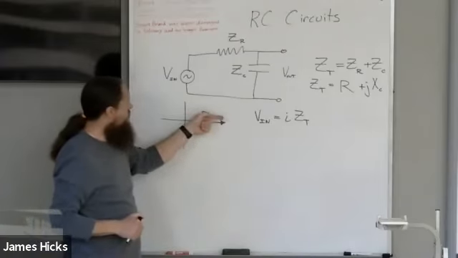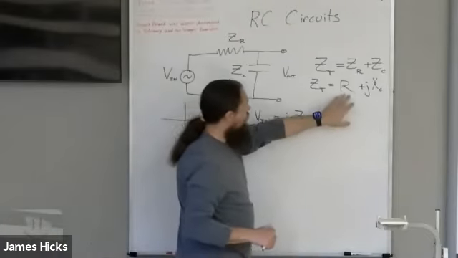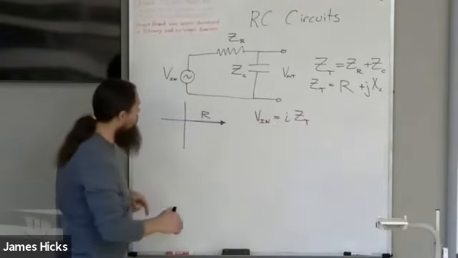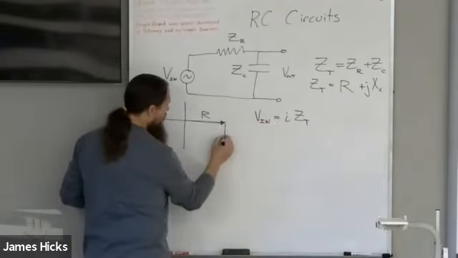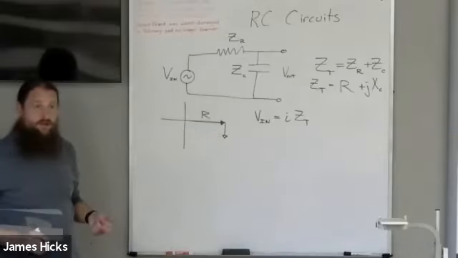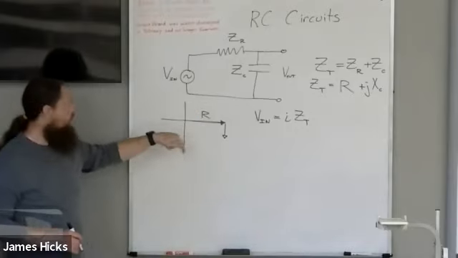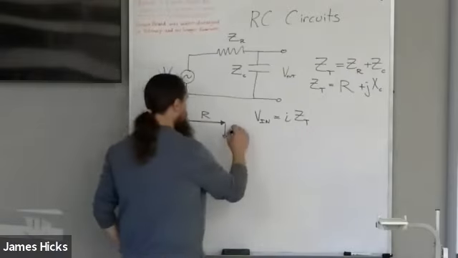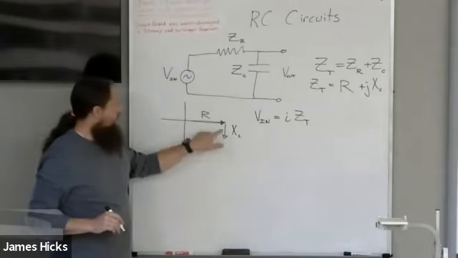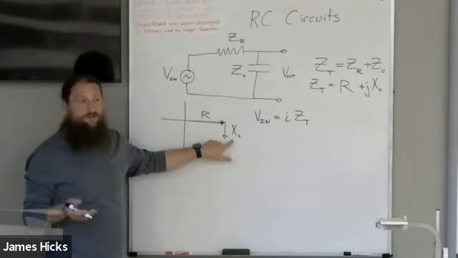Got some resistance going in, so the resistance term is just a real number, so it's along the real axis. The capacitor is 90 degrees out of phase. The capacitance is always going to be down on this polar graph. And its reactance is what we're going to use instead of a resistance.